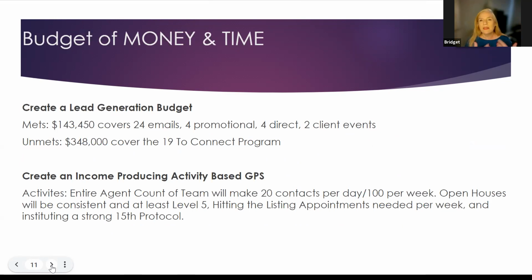So just to give the example here, when I looked at this scenario that we just went through, I ended up factoring in some events, emails, promotional things, direct mail. I factored in even CRM, and a portion of the salary from a database manager. So I did a whole worksheet that was fairly extensive.